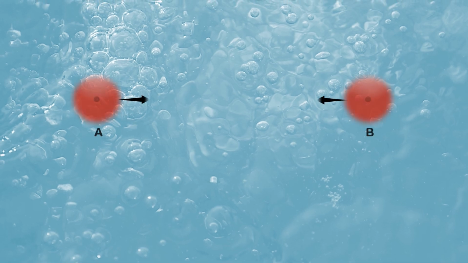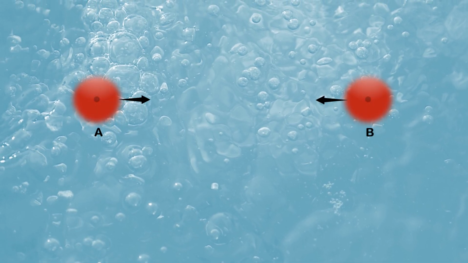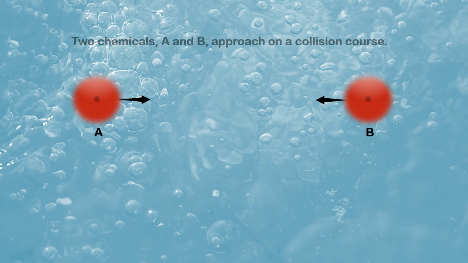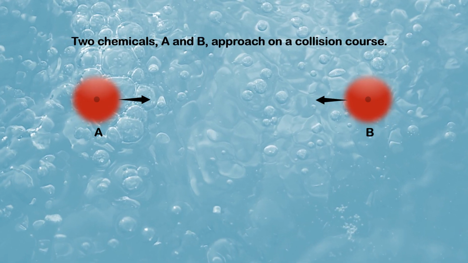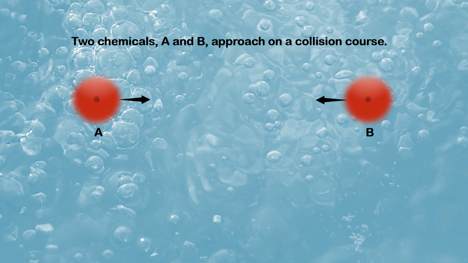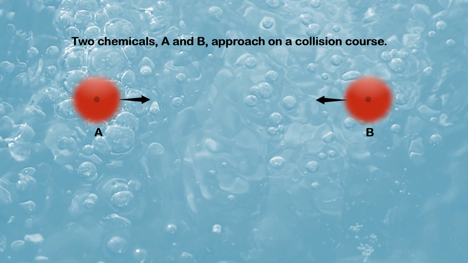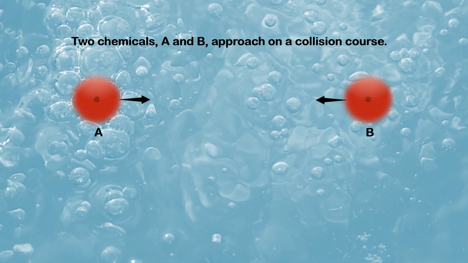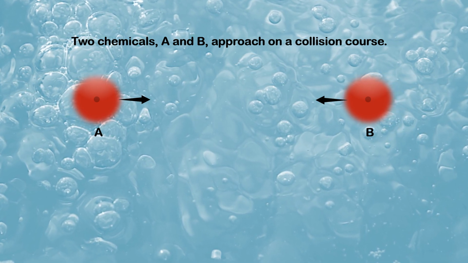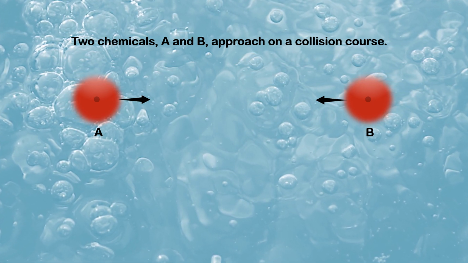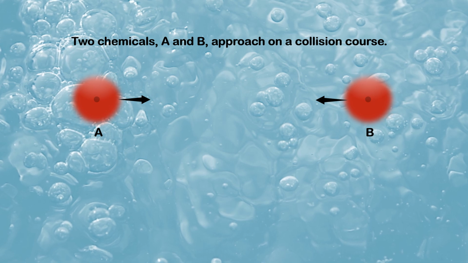Watch two chemical species in water, A and B, approaching each other and heading toward a random thermal collision. They can be atoms, polar species, oppositely charged ions, or molecules. The only requirement is that they both possess a negative electron cloud.